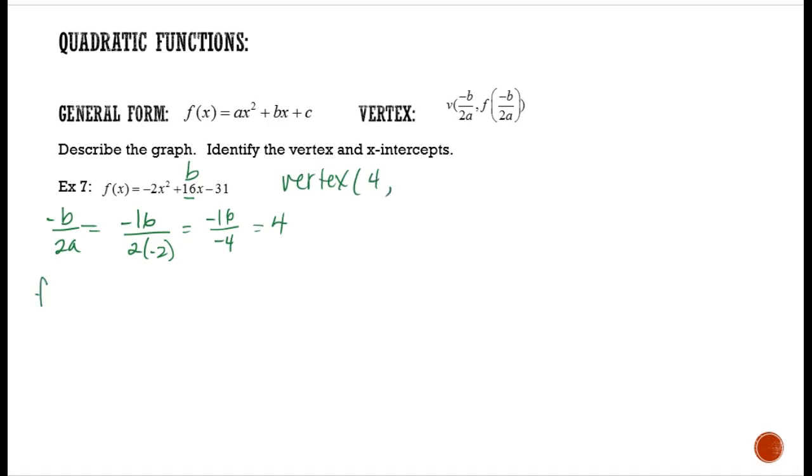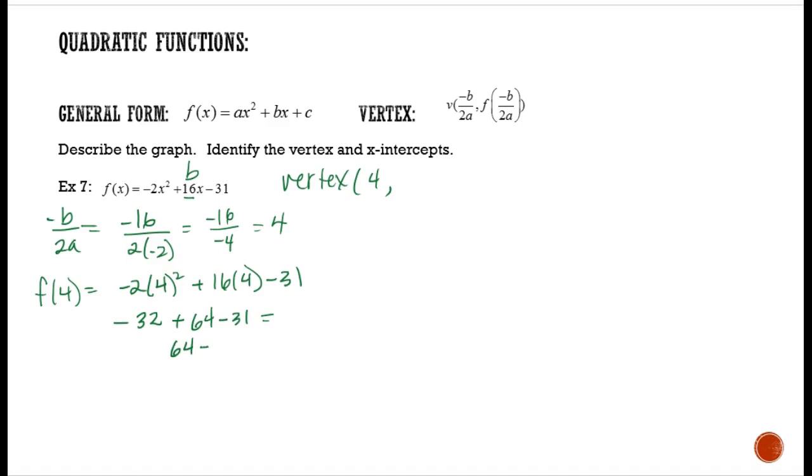Now for y, I'm going to take f of 4, plug it in. Negative 2 times 4 squared plus 16 times 4 minus 31. So 4 squared is 16. 16 times 2 is 32, but it'll be negative 32. 16 times 4 is 64 minus 31.